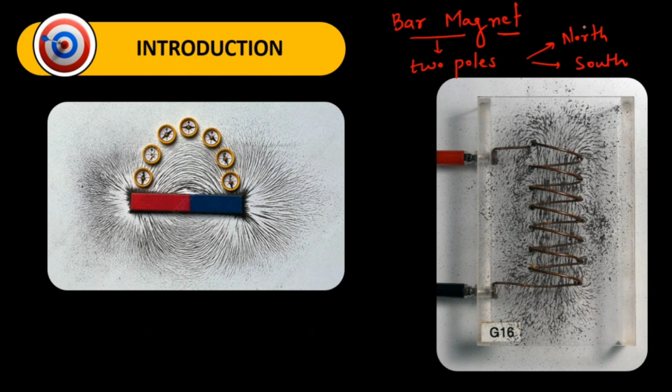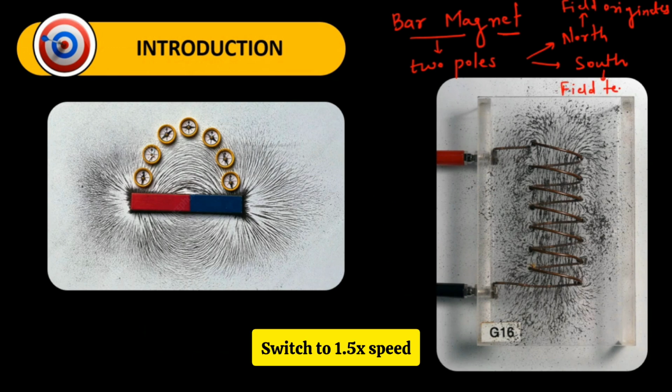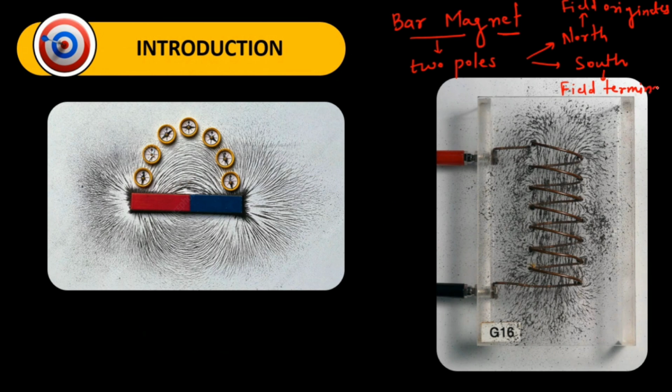North pole is the part of the magnet from where field originates, whereas south pole is the part of the magnet at which field terminates. This is the situation outside the bar magnet, but inside the field is aligned from south to north.